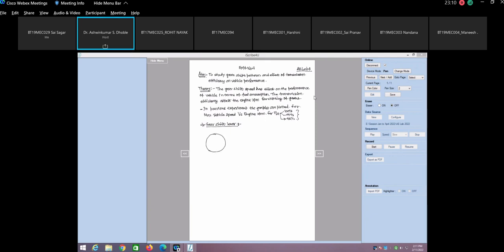Generally you may find that first gear is here. This is second gear. This is, you can say, third gear and fourth gear. Then here it is fifth gear, and here it is reverse. So gear number 1, gear number 2, gear number 3, gear number 4, gear number 5, and this is reverse.